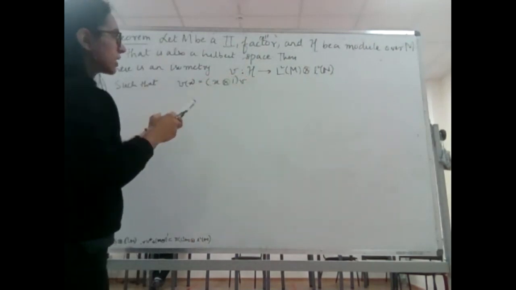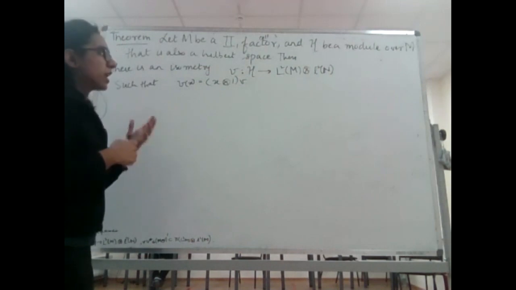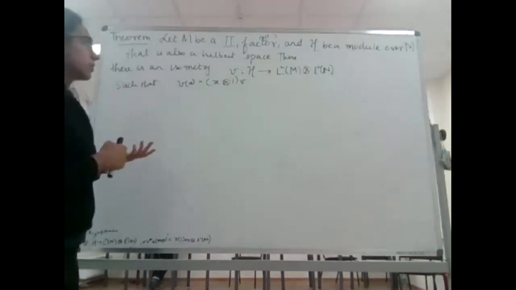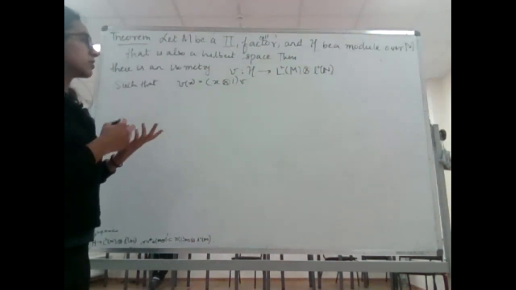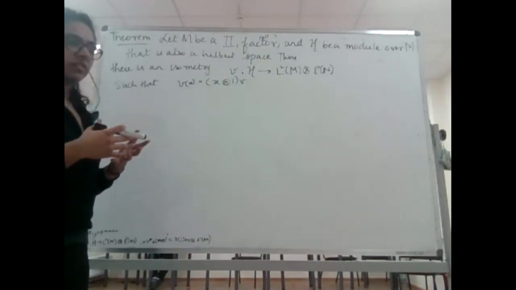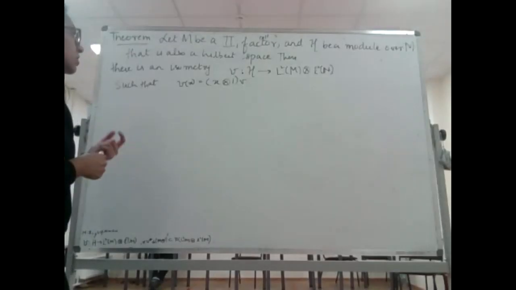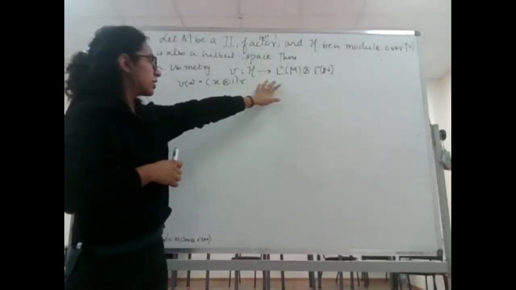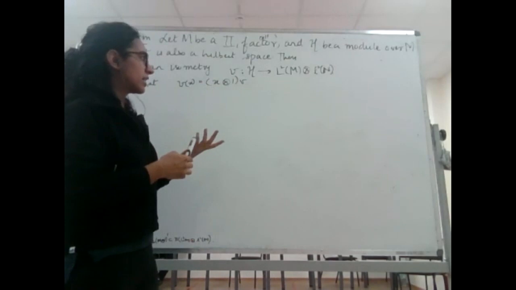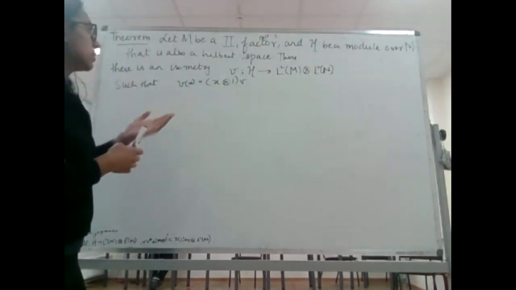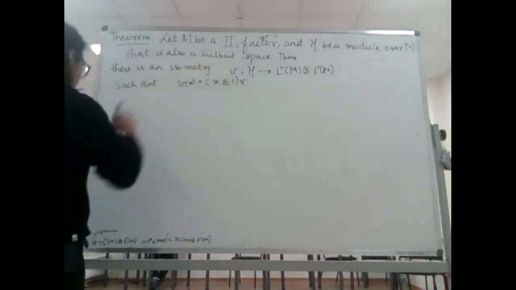Why we are looking at this is because when we have such a representation and we construct a module over it, we can take one factor and either amplify it or reduce it by means of projection. So this is nothing but an infinite direct sum of the module formed by H.